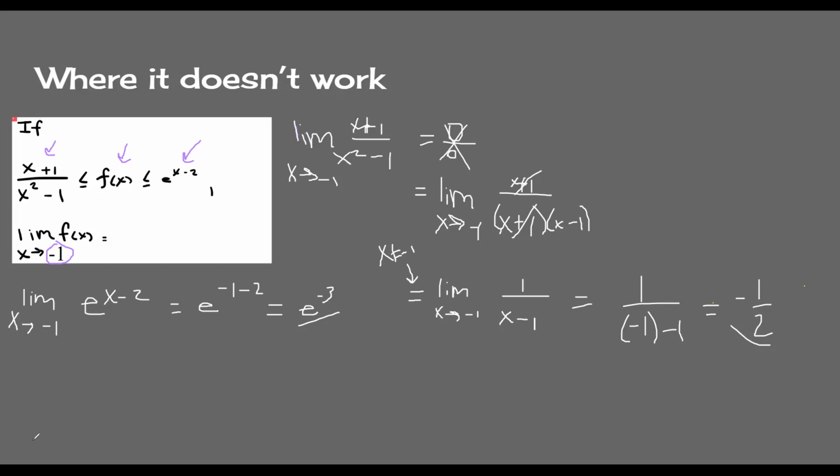Because actually the original problem, that I didn't create, is supposed to say that f of x does exist. So it does exist, but how do we even figure out what it is? Not possible. At this level that we are right now, this is not possible.